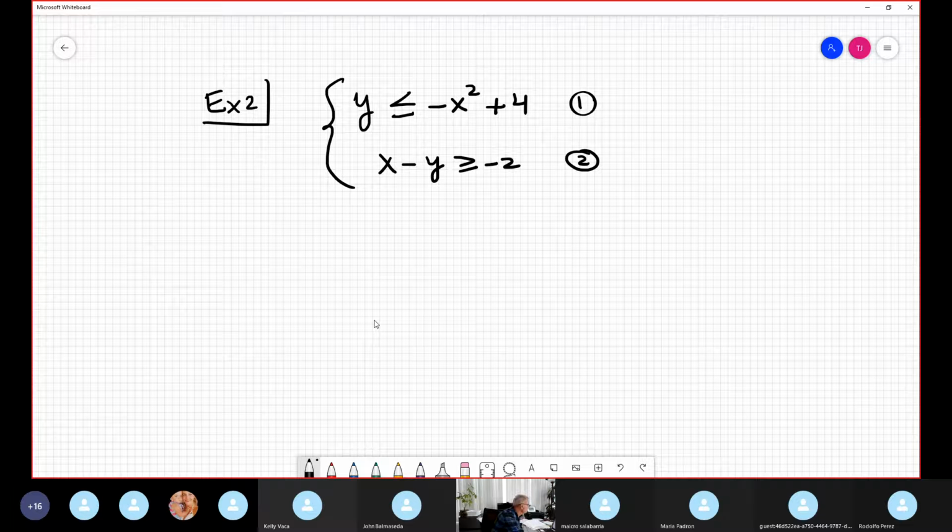In Desmos, I have here my laptop. I see both inequalities. Okay, I open that.